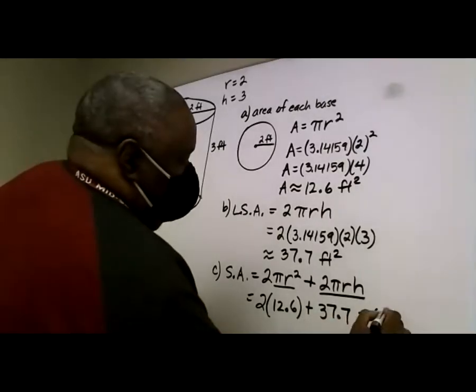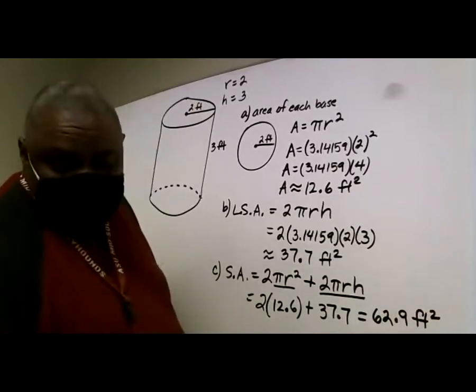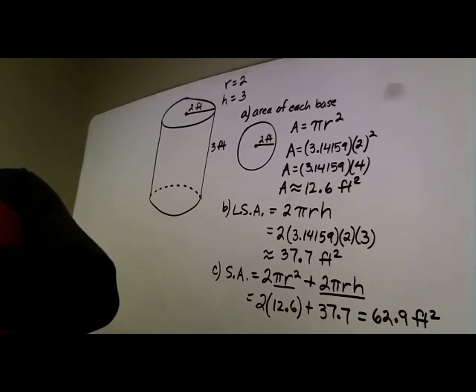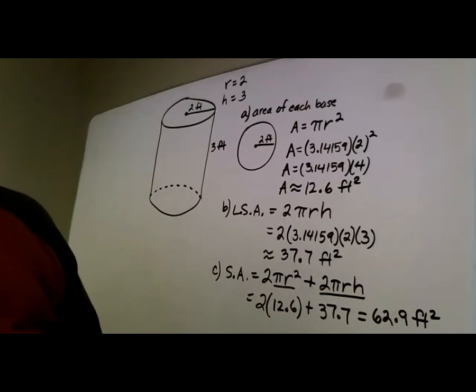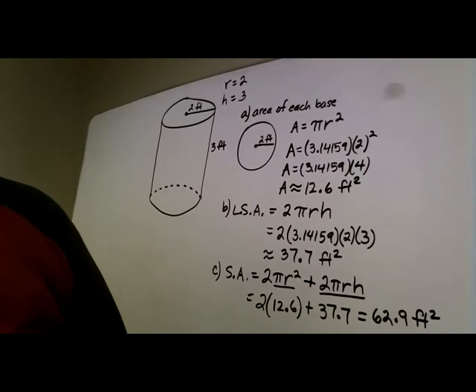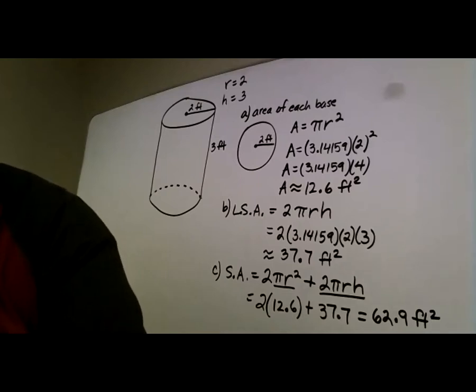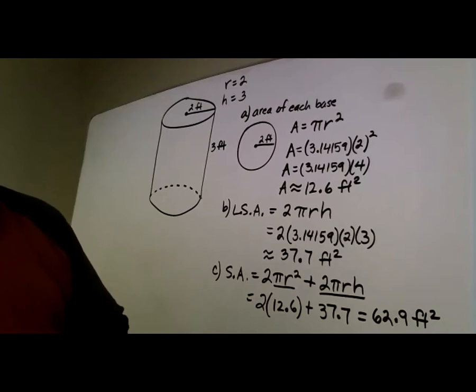And this is just approximate. 62.9 square feet. All right, any questions about finding the surface area of a right prism and for a circular cylinder?